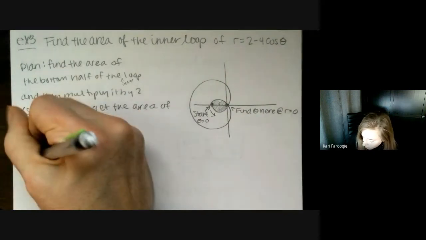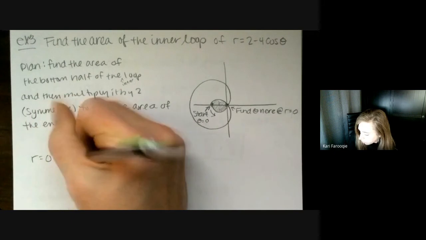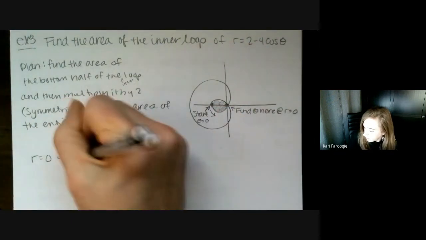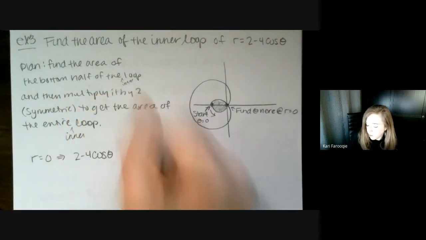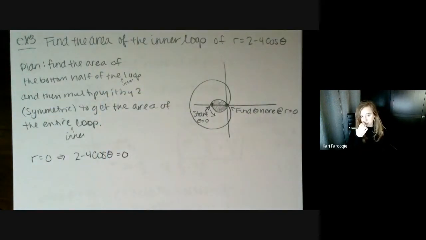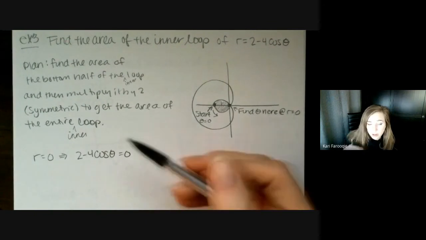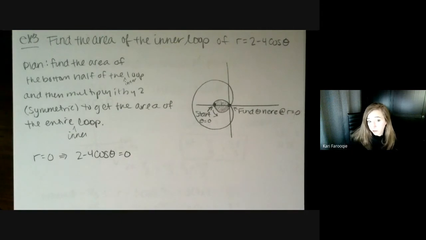So I'm going to set r equals 0, and I'm going to take my equation r, which is 2 minus 4 cosine theta, and set it equal to 0. I'm going to look for the first place where this happens. And by the way, it should be obvious once we find the angle that it makes sense according to our graph.